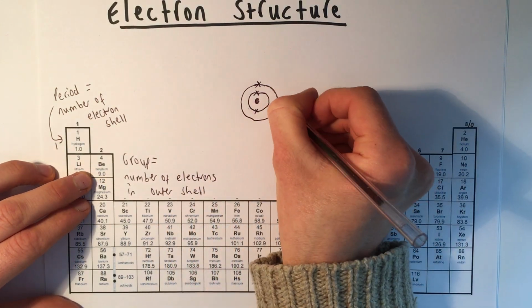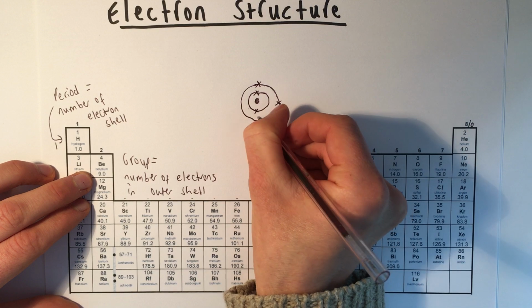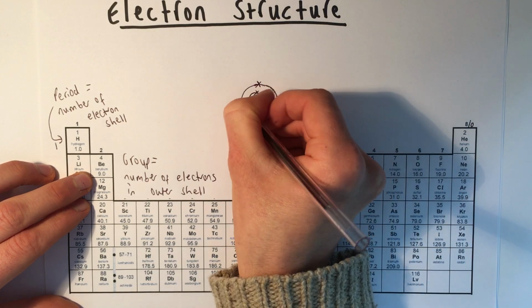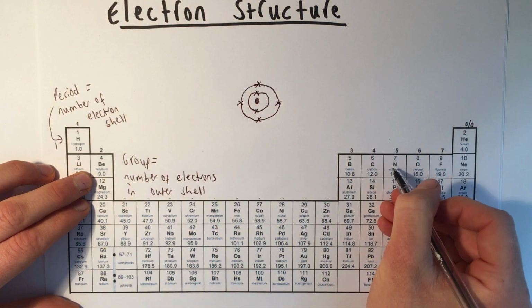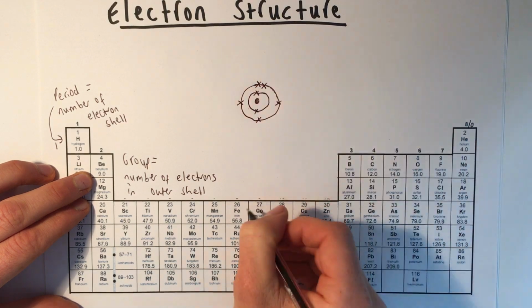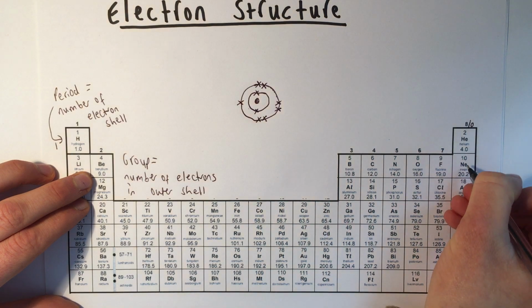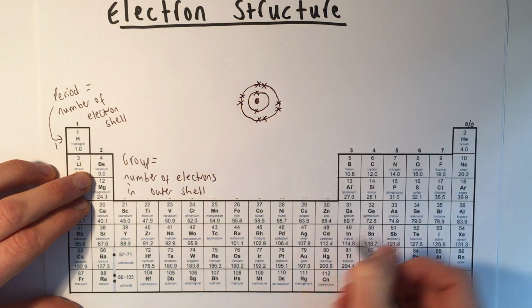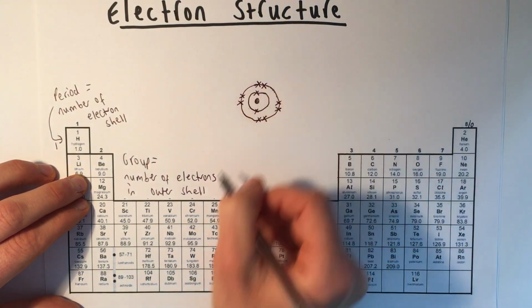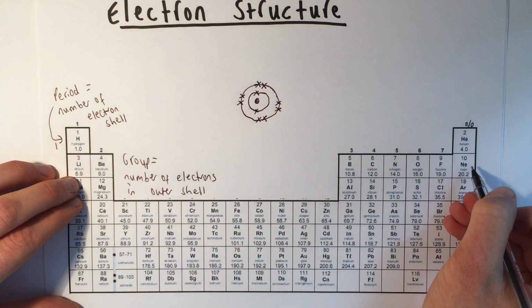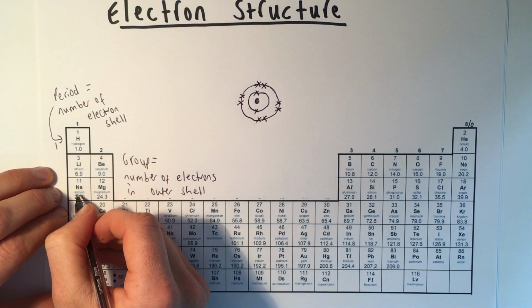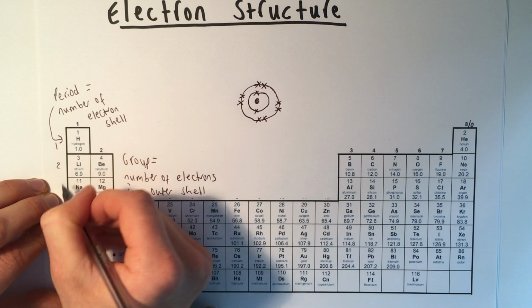Okay, beryllium. As I put these in, I'm going to put them around it in 4. So that was boron, then carbon. Going to nitrogen, I'm going to start pairing them up the way I draw them. So that's oxygen, fluorine, and neon. So neon has got 10 electrons in total, 2 in the first shell, 8 in the next shell. And now I go on to sodium, and it's the 3rd period now.